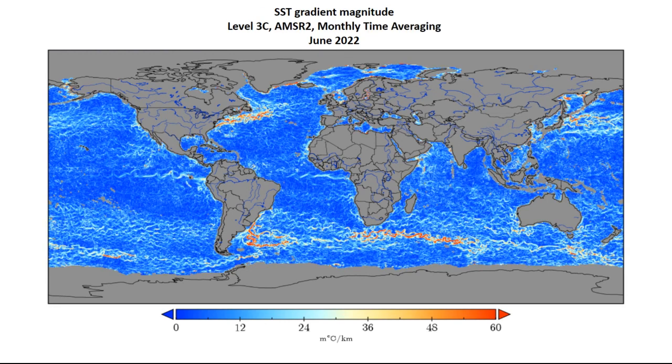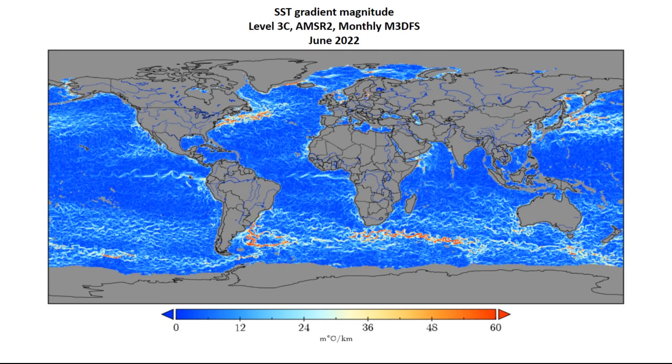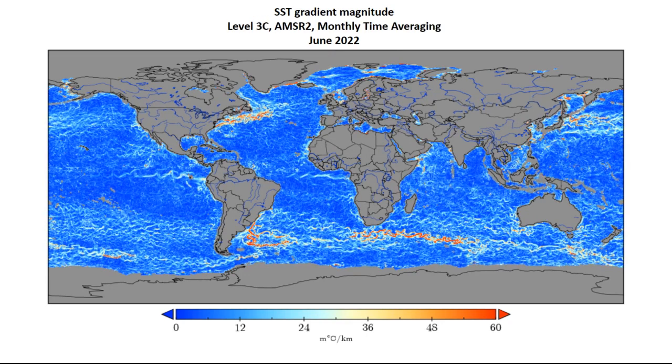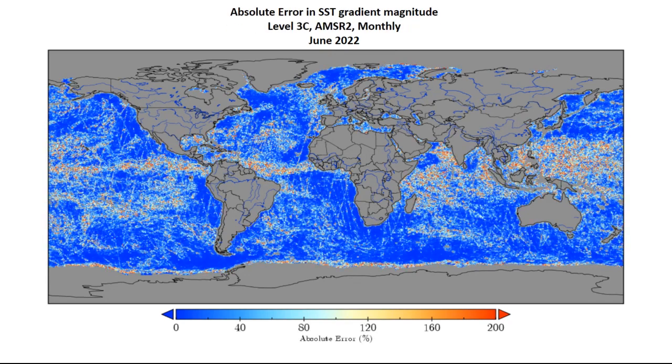And now the difference appears to be a little bit more obvious compared to the 3 days temporal resolution. And again, we can check this by looking at the map of absolute errors. One thing to be noticed here is that the errors start to accumulate over specific areas, which likely correspond to regions with high temporal variability or large uncertainties in the SST retrieval. So definitely something to investigate in the future.